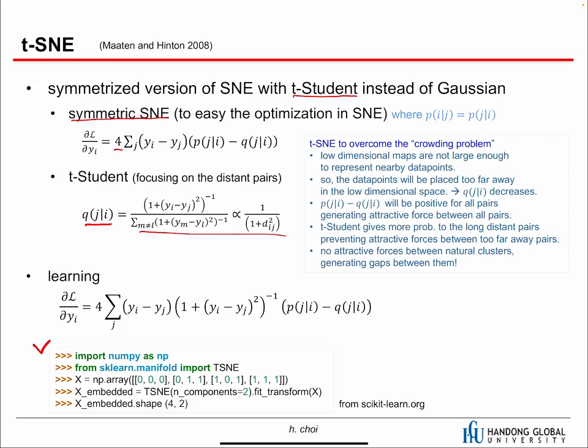And we use T distributions because of this reason. So t-SNE overcomes the crowding problem. What's the crowding problem? When we project the high-dimensional samples into the low-dimensional space, the low-dimensional map is not large enough to represent nearby data points. This is connected to the curse of dimensionality.